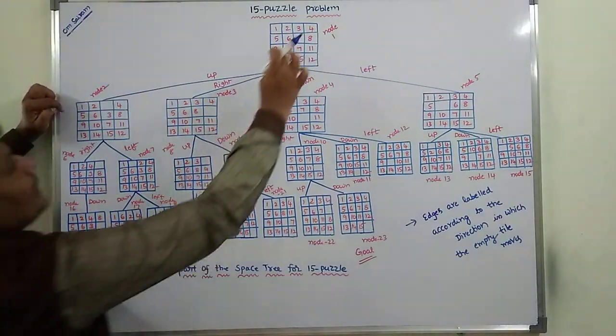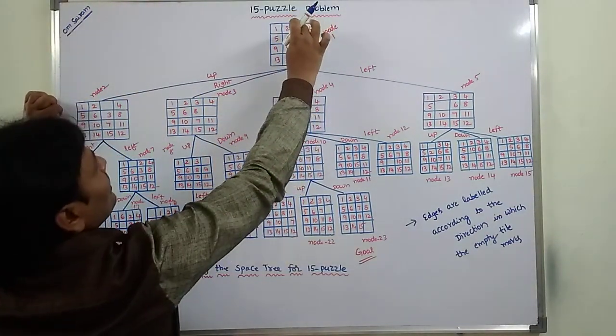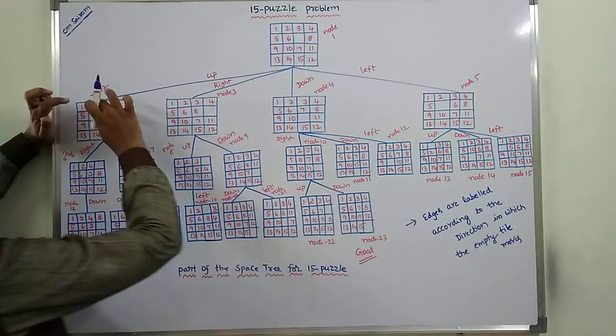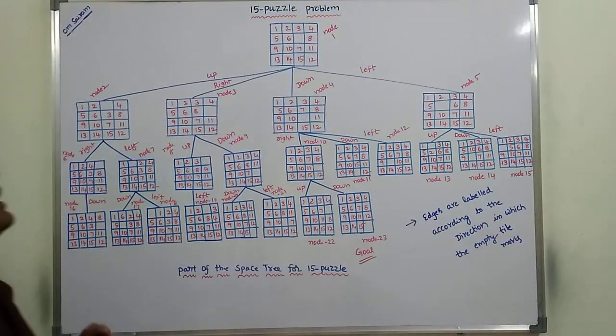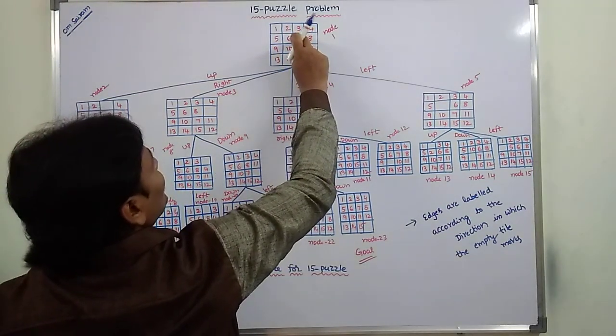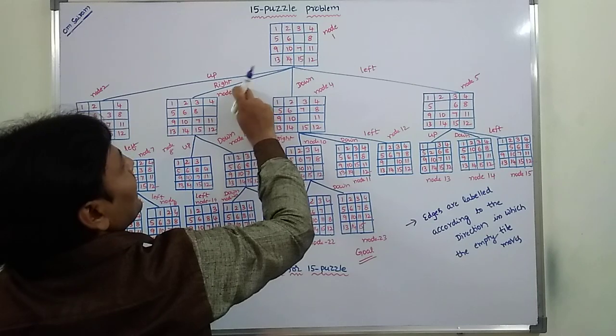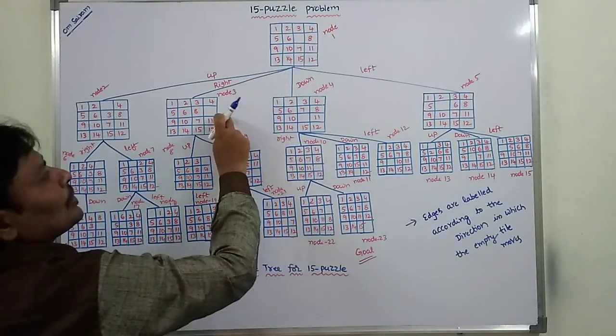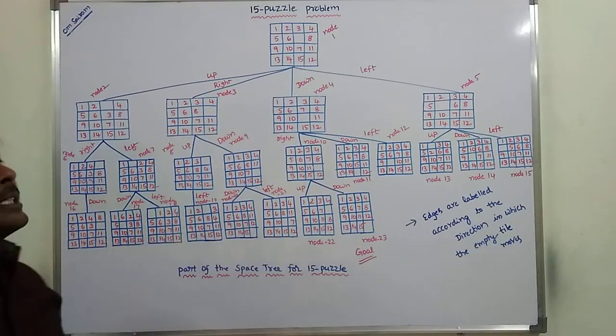So the empty slot moves up, 3 can be moved to this place, and the empty slot can be moved to this place. Okay. Remaining all are same. Next, the empty slot can be moved to right direction. 8 can be moved to this place, the empty tile can be moved to this place. Then we get node 3.